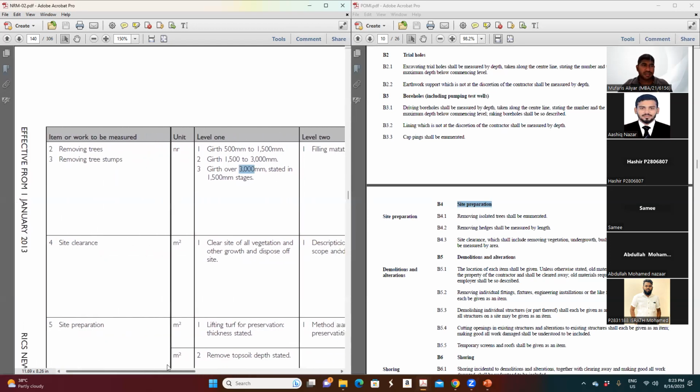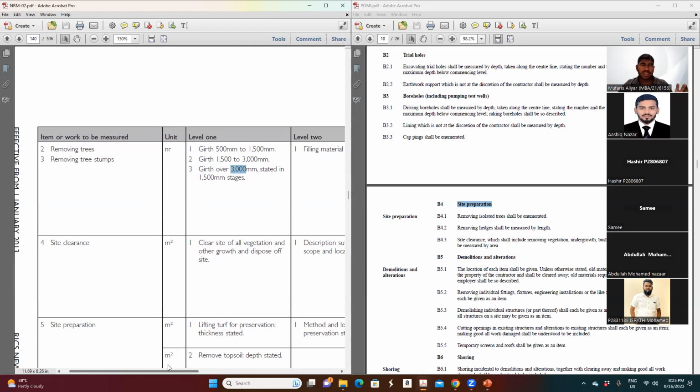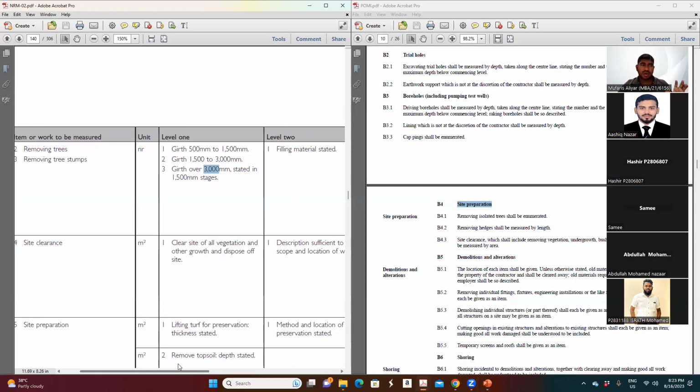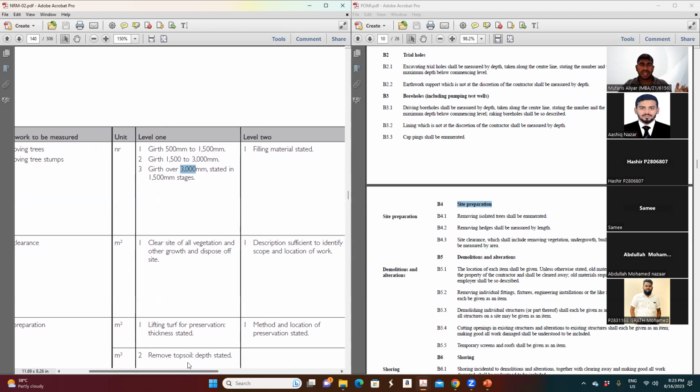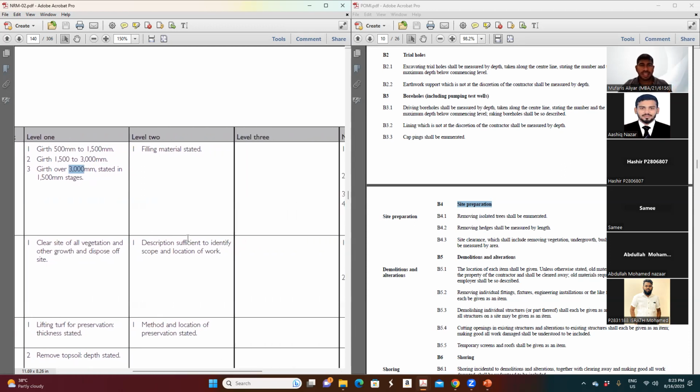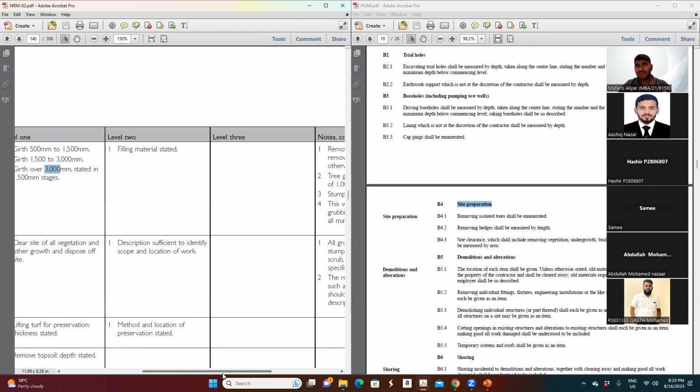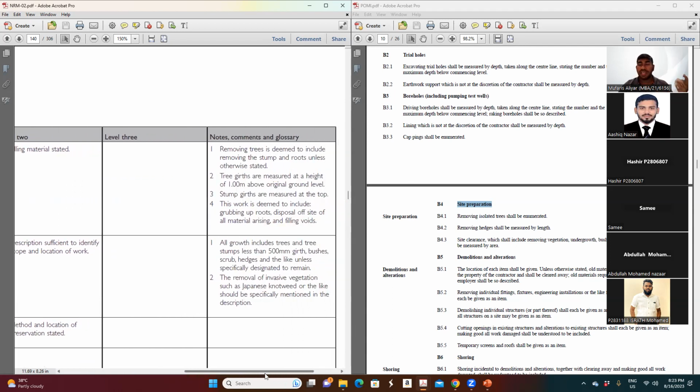Also, when you put the price for removing the stumps of the tree, they say you have to state what material you fill back, because when you remove the stump, you will have a dig there, then you have to fill it. So in your BOQ description, you have to mention what materials you are going to fill it with.